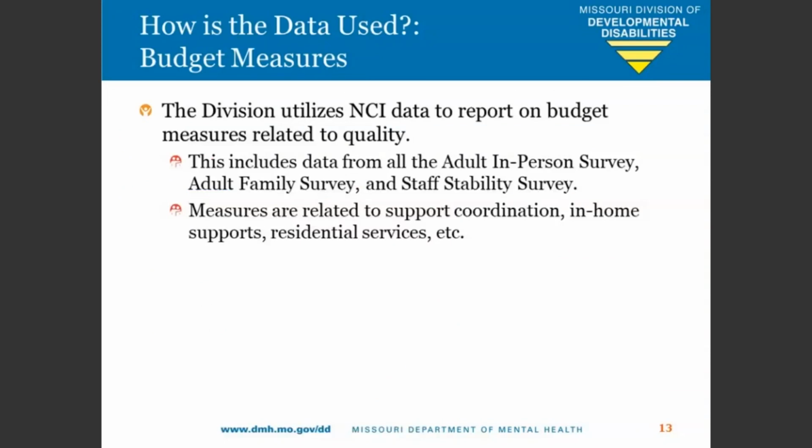This includes data from the In-Person survey, the adult family survey, and the staff stability survey. And the measures are related to support coordination, in-home supports, and residential services. And they are used just to show over time how the division is performing in certain areas.